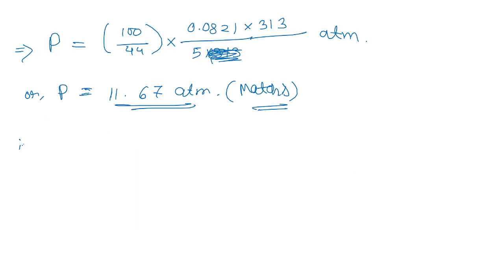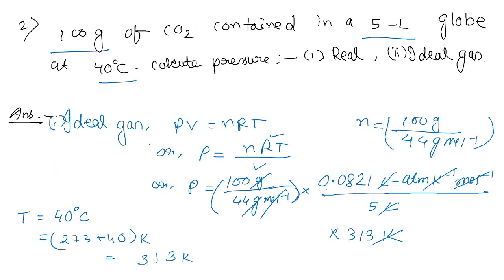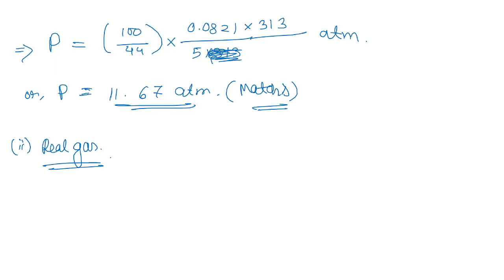The second one is the real gas. Let us first have the equation of the real gas. Okay, I forgot to give the A and B values. For A and B they provided 3.59.